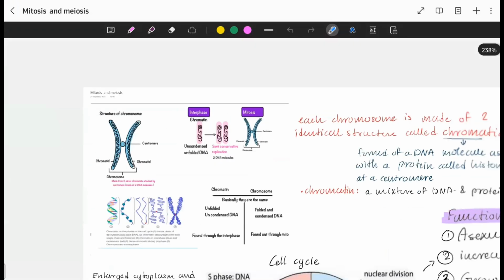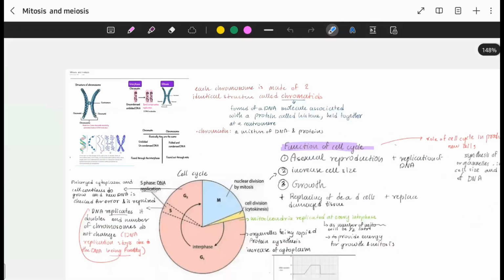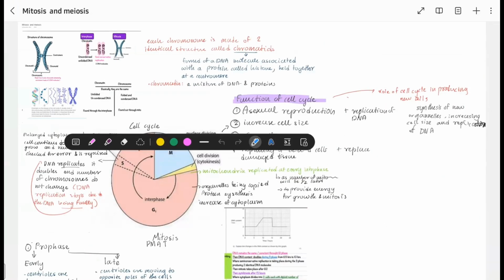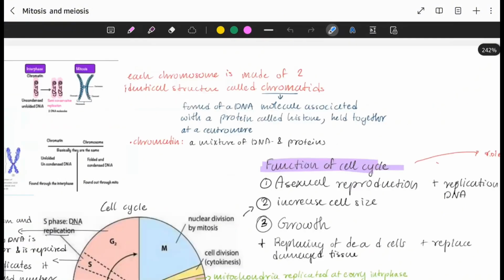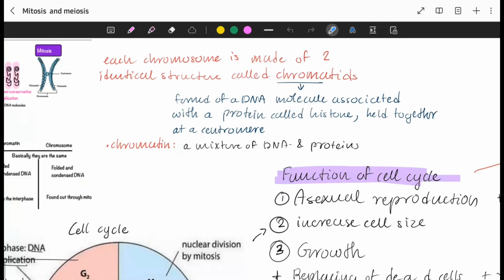For each chromosome that is made, there are two identical structures called chromatids. Two chromatids make one chromosome, formed of a DNA molecule associated with a protein called histone, held together at the centromere. Chromatin is a mixture of DNA and protein.